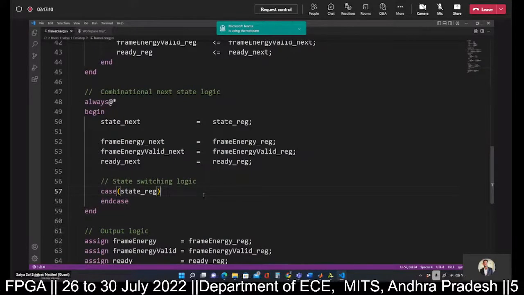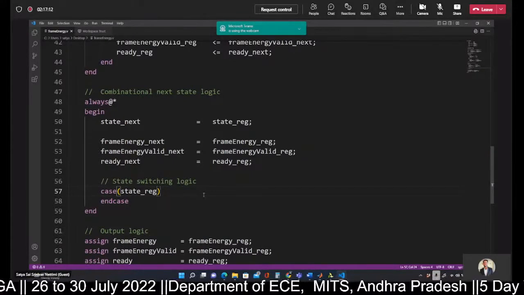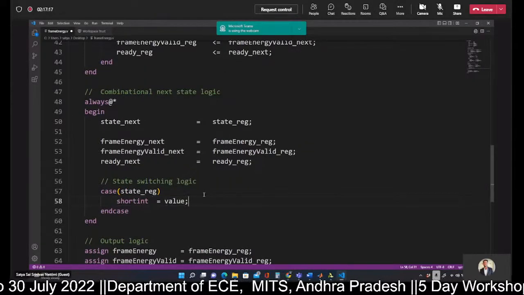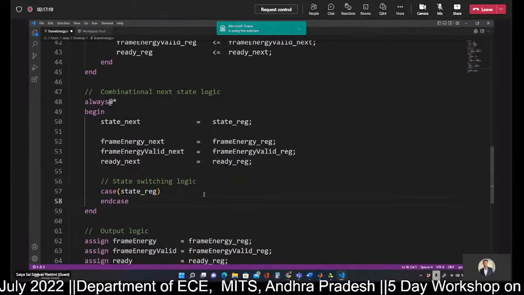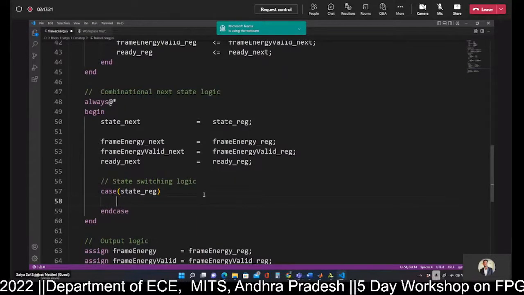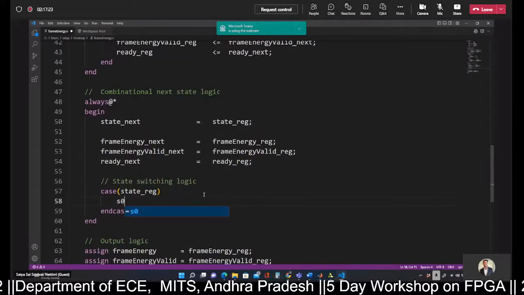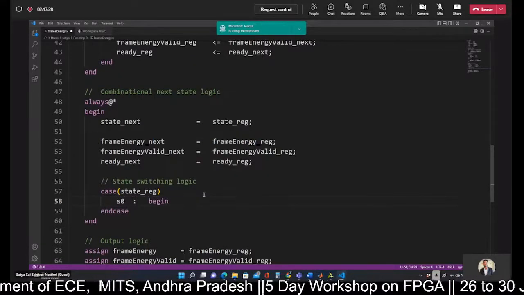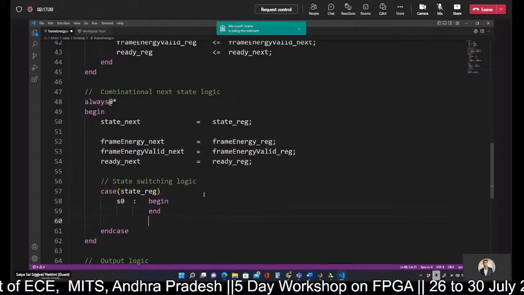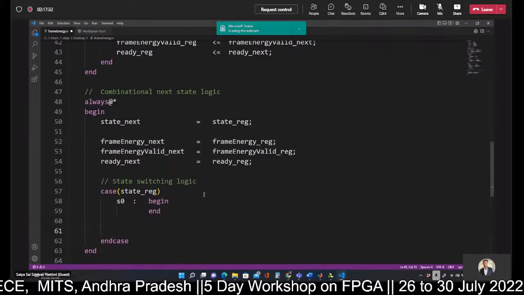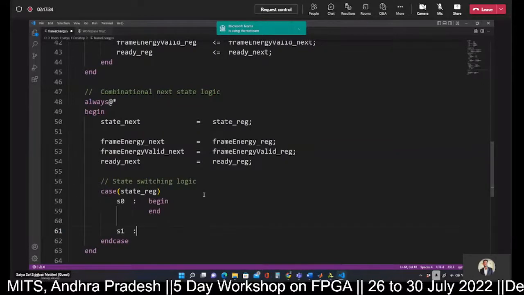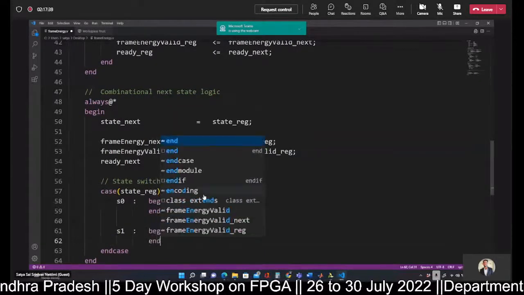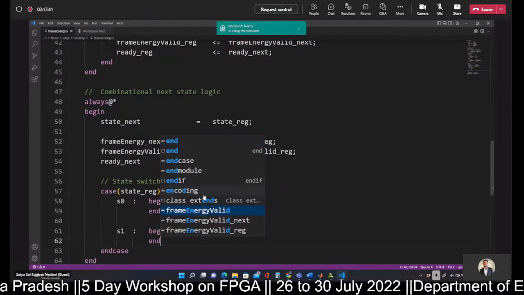We are mainly looking at the state register. If the state register value is S0, what it needs to do, that is begin. And if the state register value is 1, that means it is in the S1 state, what it needs to do. So these operations I have to define over here.